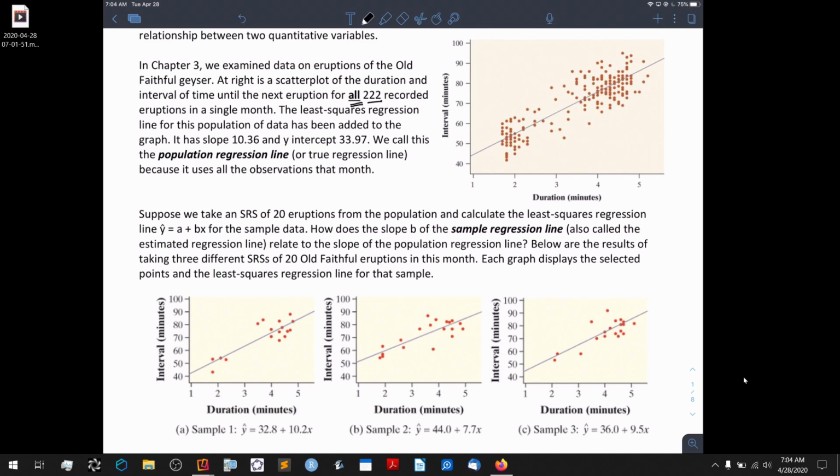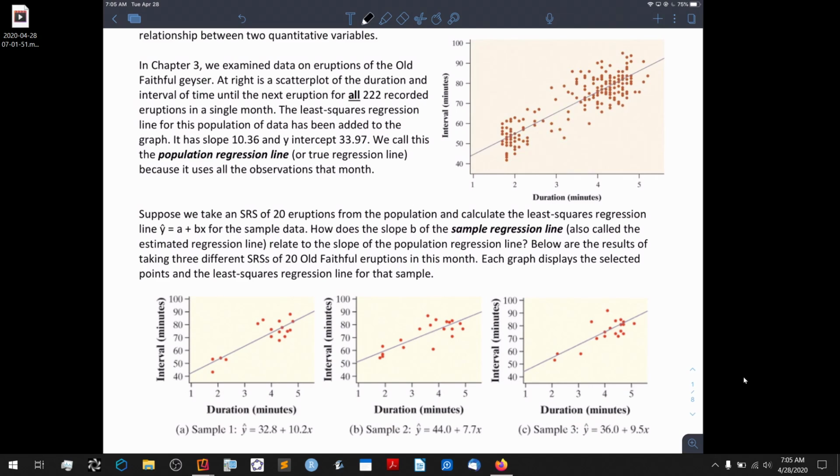So what we're saying is this is just for the purpose of illustrating the sampling distribution of a sample slope. We're considering this to be the graph and data set that represents the population of all recorded eruptions for a month. Okay, so we're calling this our population in order to demonstrate the idea of a sample slope sampling distribution.